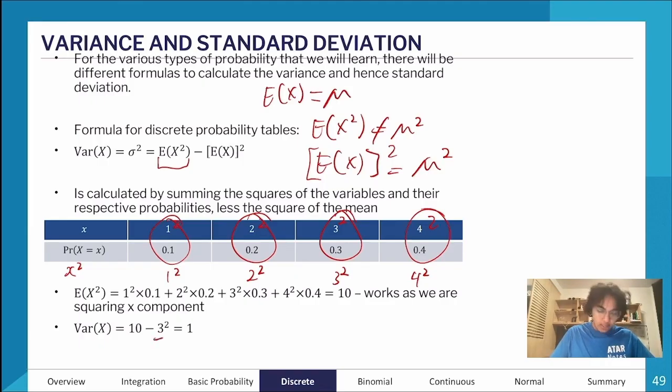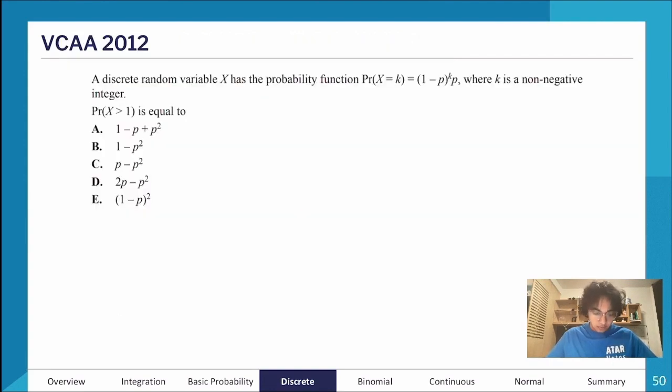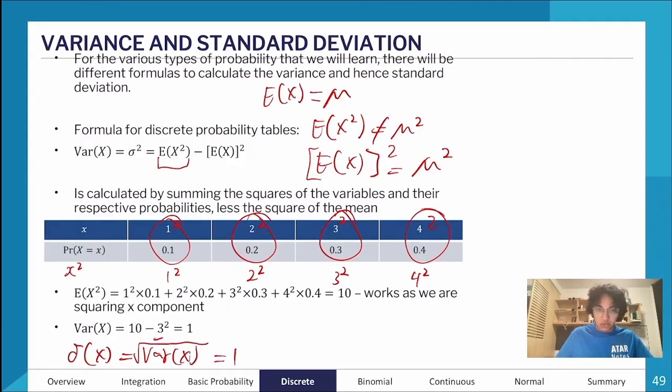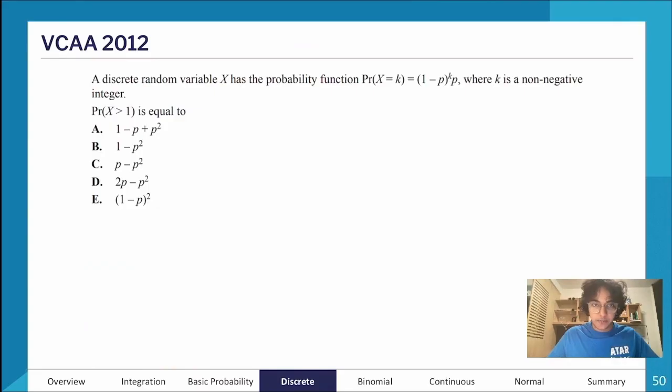So that's just 3, and we're squaring it. So we apply it to the equation and we get 10 minus 3 squared, which is 10 minus 9, and we get 1. And if I want to work out my standard deviation from this, my standard deviation is just the square root of variance, and so my standard deviation is just 1 here as well.